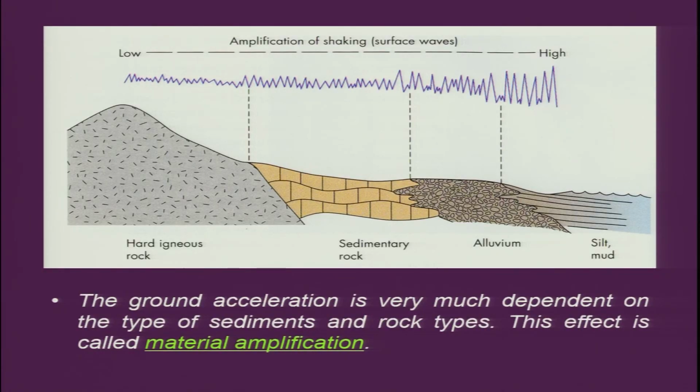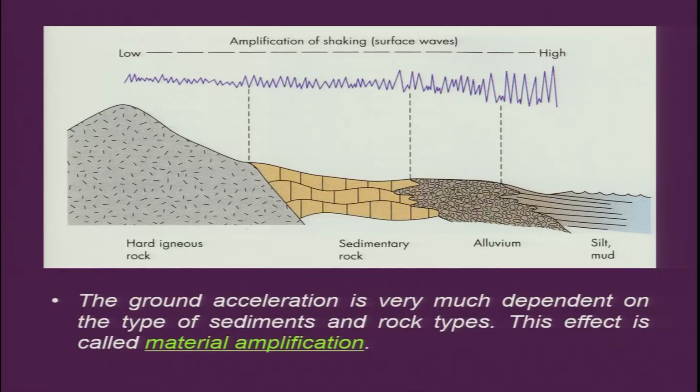Now, we discussed the seismic waves and the earthquake epicenter, which are two important parameters, and in one lecture we talked about the details of the lithology, which plays an important role in seismic shaking.